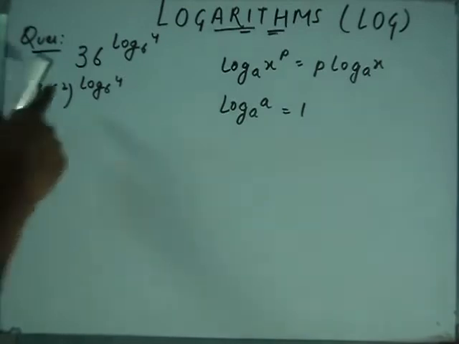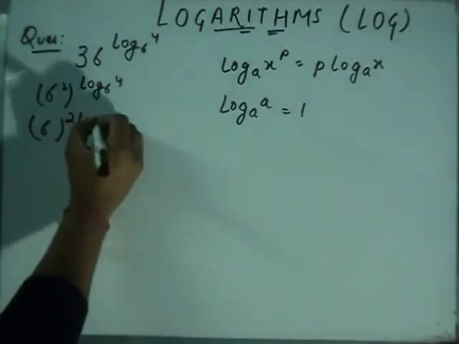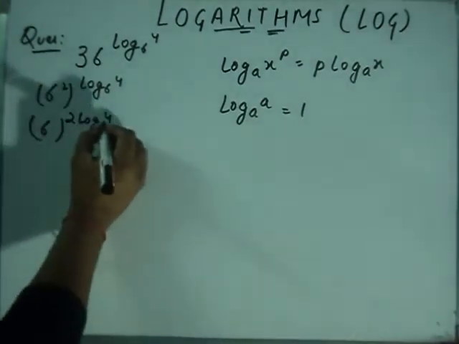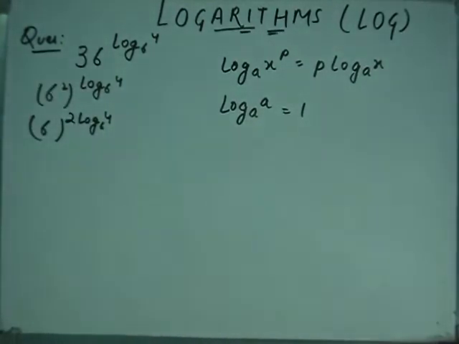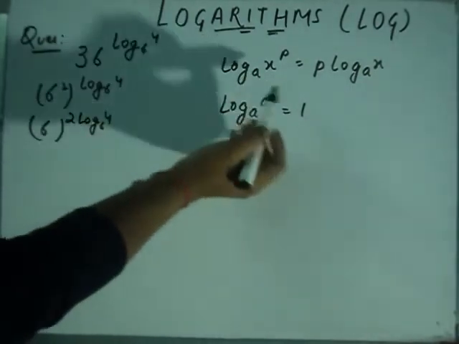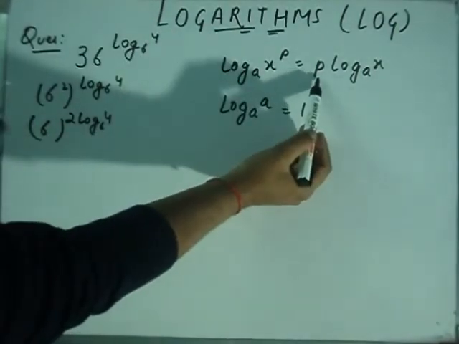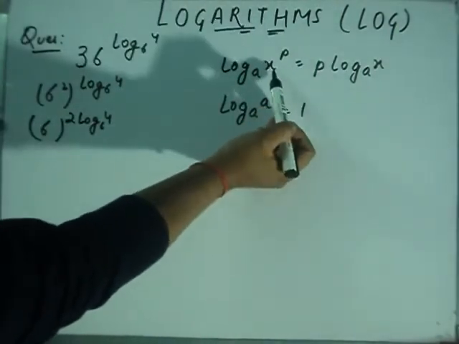Here this 2 will go to the base 6, and this 2 will go here, the converse of this property, like we have 2 here and we move it this way.